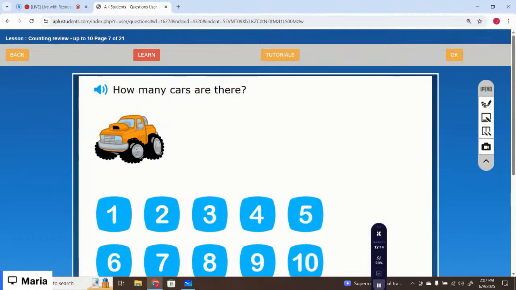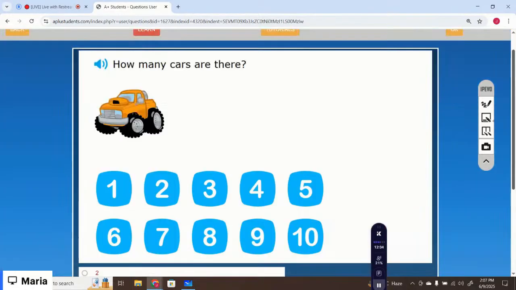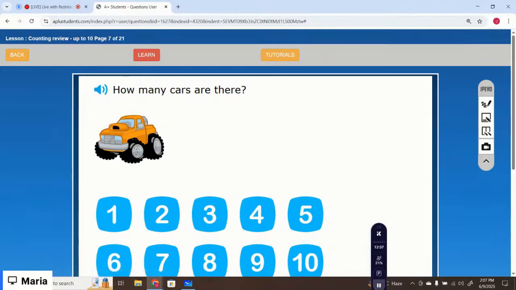How many cars are there? Option number one is the correct option.